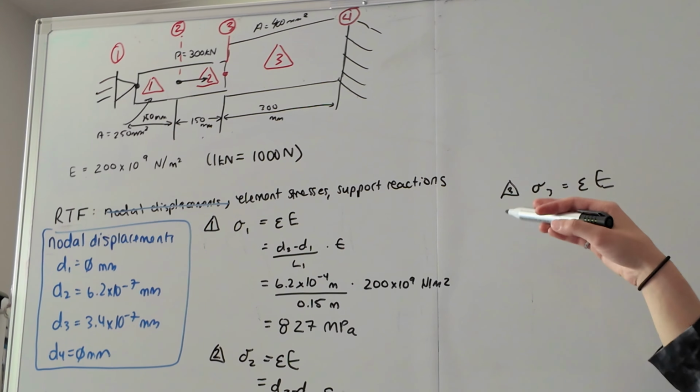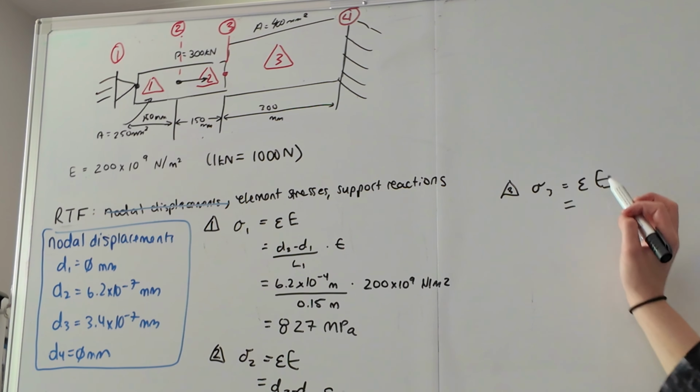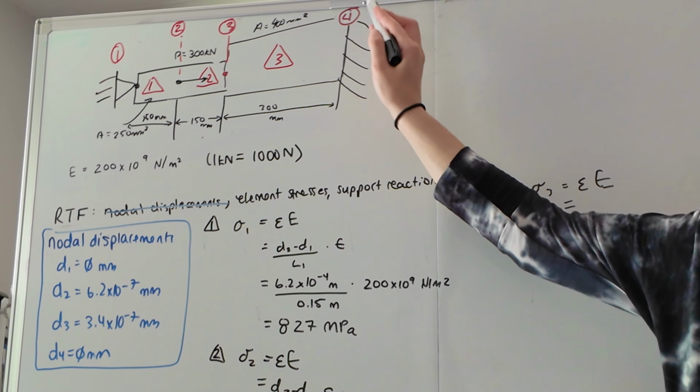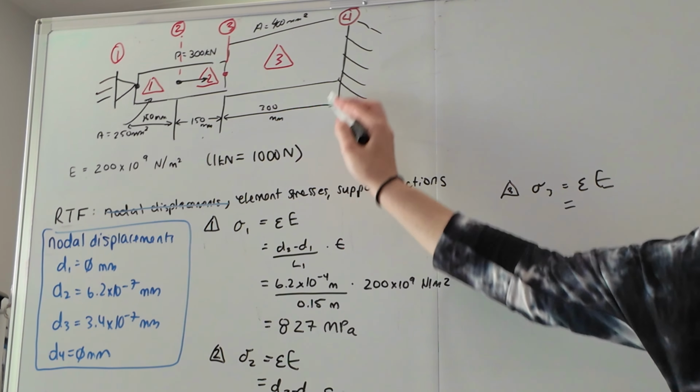The strain in bar 2, or element 3, is just the change in displacement between node 4 and node 3 divided by the length of element 3.